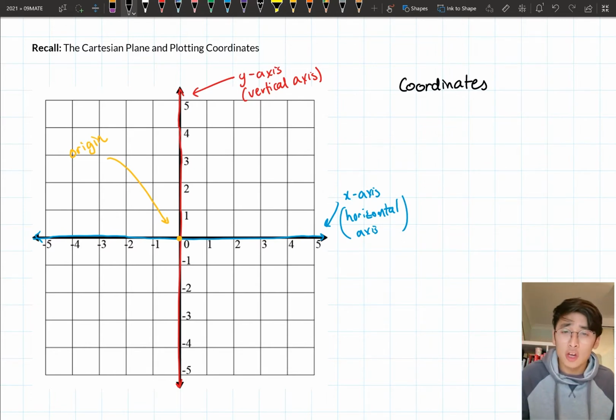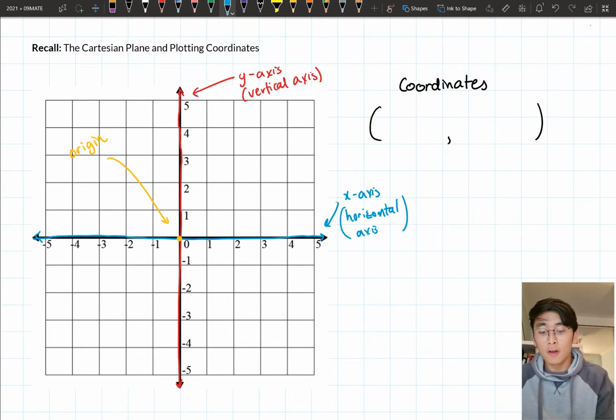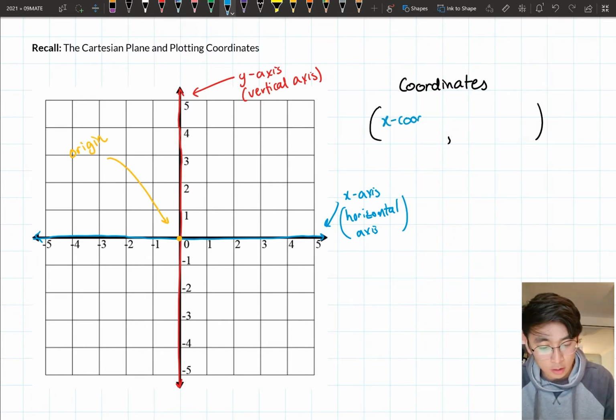Now, last year, hopefully you may remember that when we plot coordinates on a Cartesian plane, it involves two numbers. The way we write it is we open up a bracket, put a comma in between, and we close up our brackets. And we've got two numbers in these big gaps I've split up. The first number that we need to have is our x coordinate.